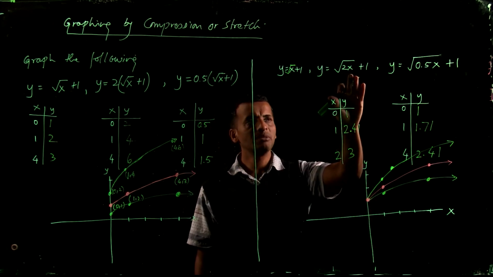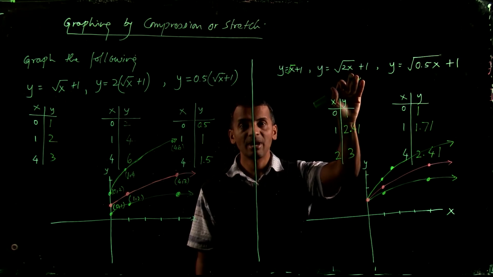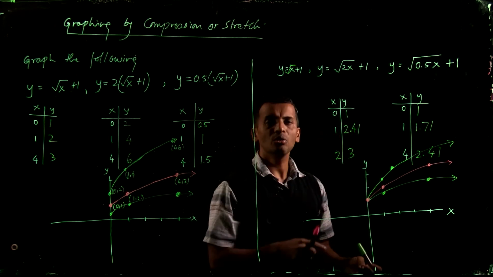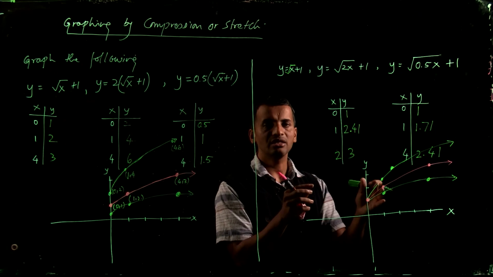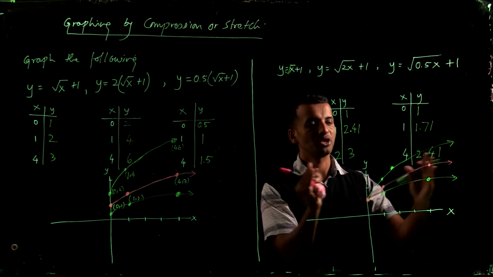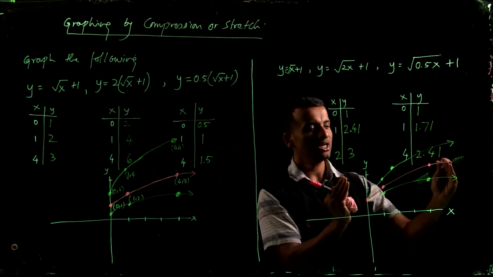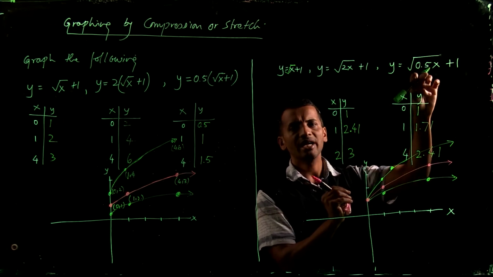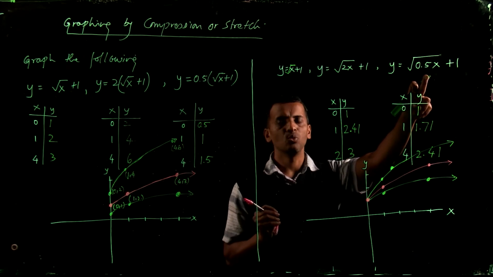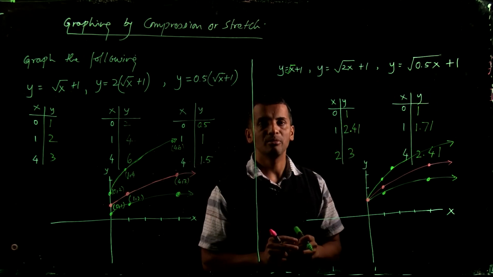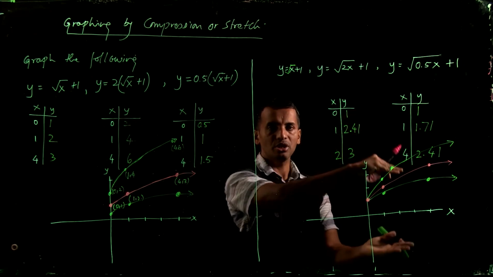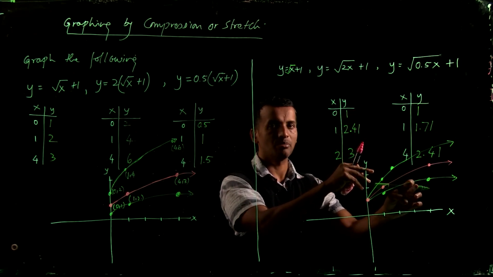Whenever you multiply x by a number bigger than 1, it will be a vertical stretch, or in other words, a horizontal compression. If you compress this pink curve, it will go up. And if you multiply x by a number less than 1, it will be the same as a vertical compression, because this curve is compressed to that curve.